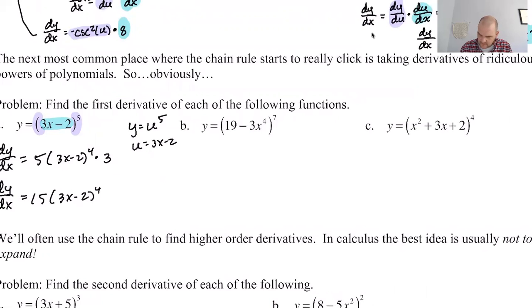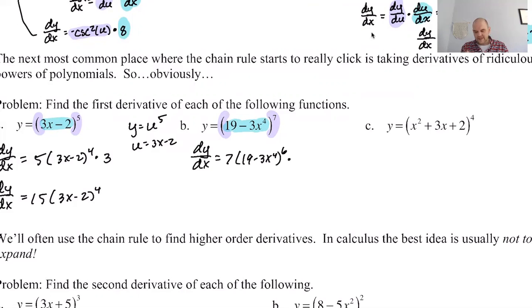So dy/dx. I see a big outer function. The outer function here is something to the seventh. And then the question is, what is being raised to the seventh? Well, it's this thing, so that's our inner function. So here we go. The derivative of something to the seventh is 7 times that thing to the sixth, times the derivative of that thing.